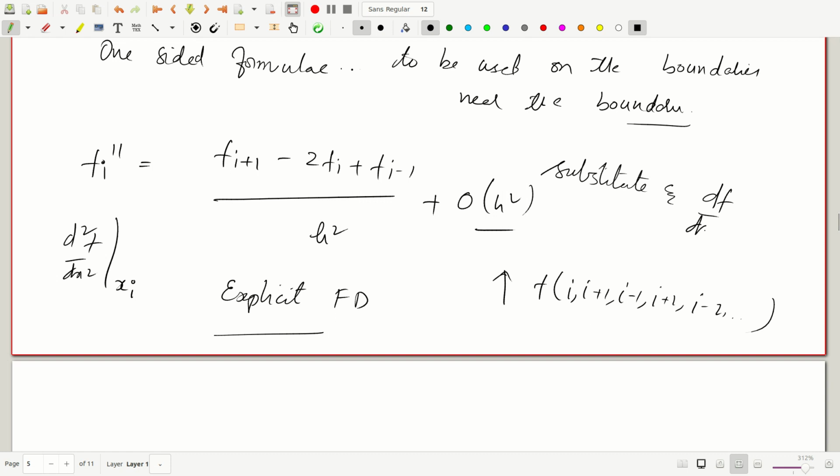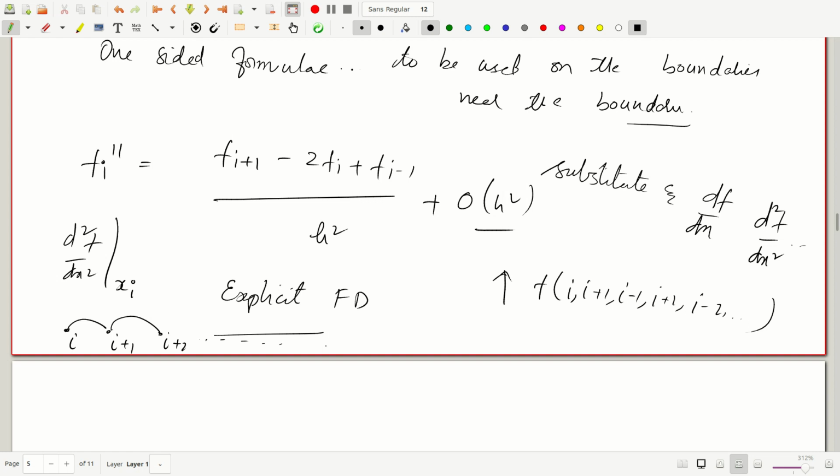For example, you can calculate df dx, d square f by dx square, and so on, by using these explicit formulae. Essentially you don't have to solve for anything. You just have to plug in the values and calculate at one i location, and then you move on to the next, i plus 1, or i plus 2, and so on.